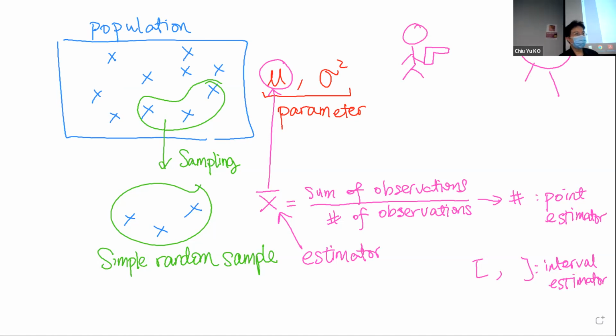If you have a pistol, you hit just once. That is a point estimator. It's one shot. It just gives you a number, boop, that's it.